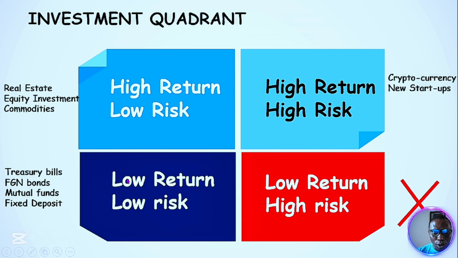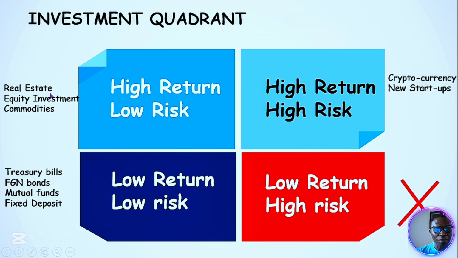The return is low, they don't hedge against inflation, but the risk also is low. So if you are a risk averse person, the conservative type, you may want to go for investments like these. So you need to understand your risk appetite and understand the investment quadrants.